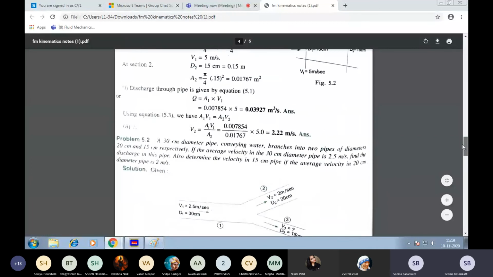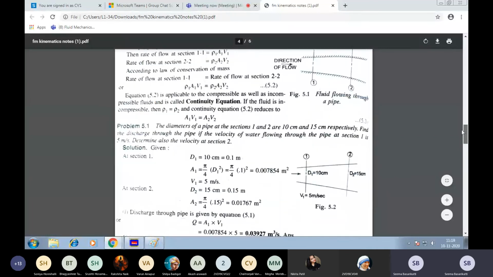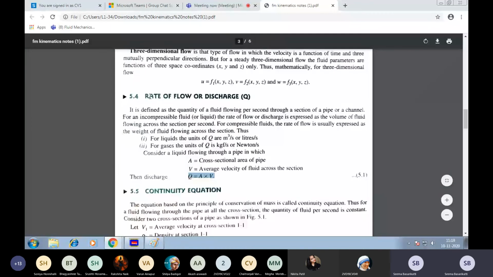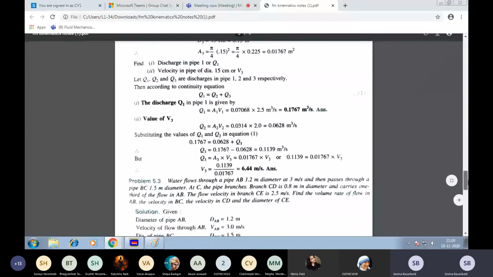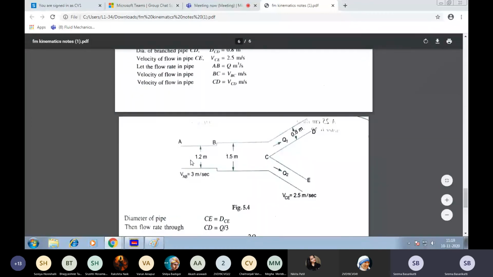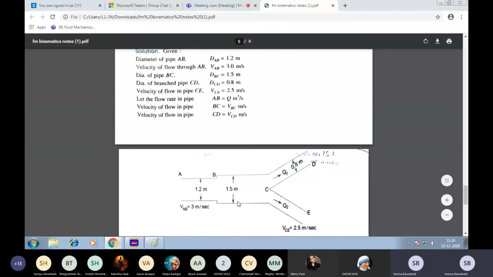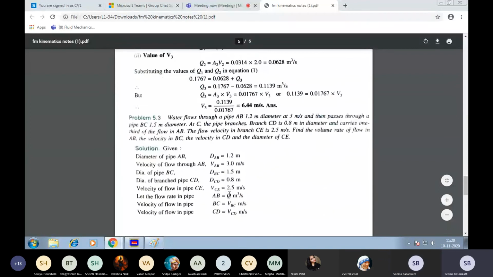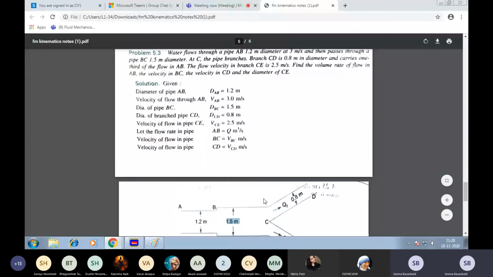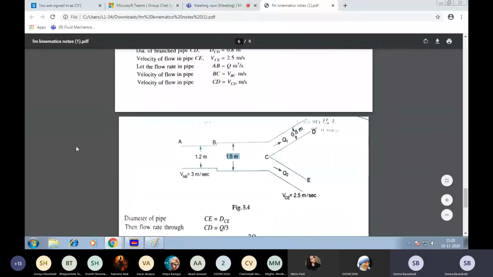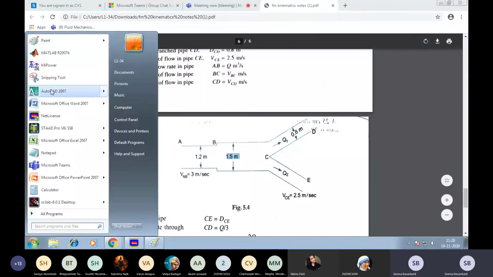By using this equation, for pipe AB. Next, the velocity of BC. Next, the velocity in CD, and the diameter of CE you have to identify. So this was the problem.